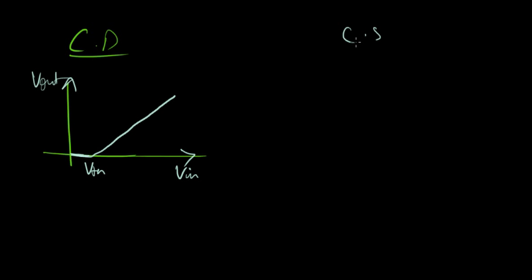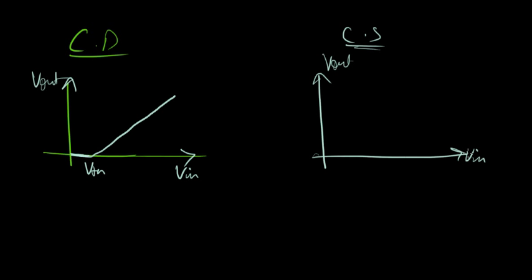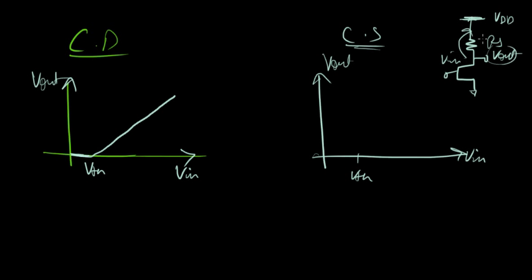Now look at the common source stage. If you remember, we've done that as well. V out against V in if we plot. Even before I plot, you're already able to understand, right? Just imagine if this transistor is not on, if V in is increasing from 0, and the transistor is not on, V out is hooked up to VDD, right?